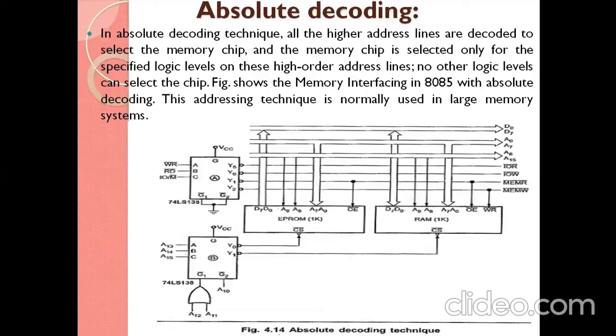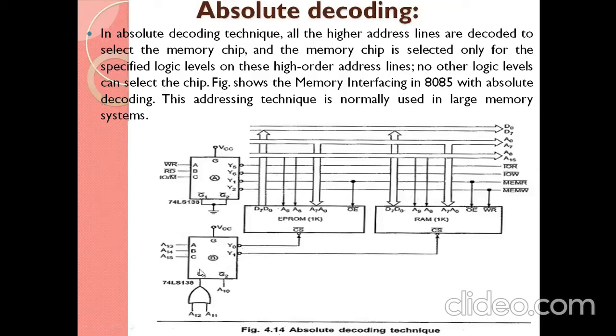First, you can see about the absolute decoding. So here there are two decoders available. First, the top decoder is used for the control signal. For example, whether you are going to read the data or write the data, for that this decoder is used.